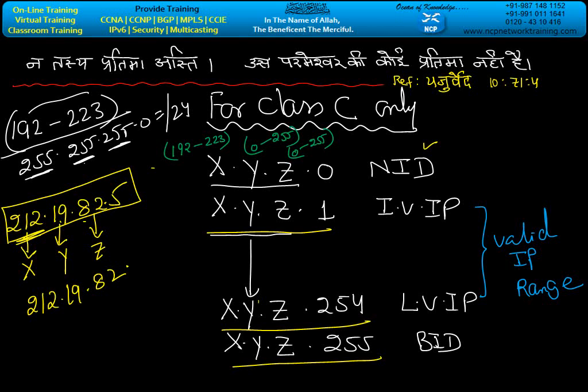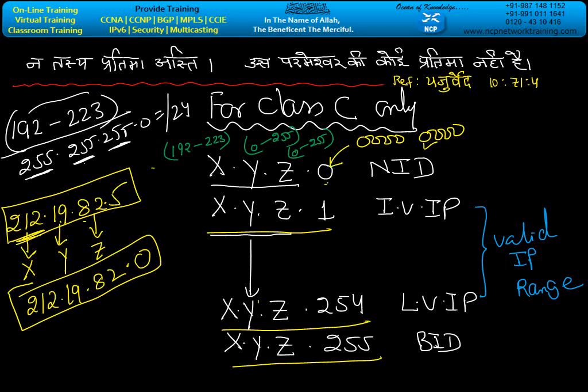If you put 0 here, this number is NID, because the definition of NID is that all host bits are 0, and BID says all host bits are 1. In case of 255, all host bits are 1.